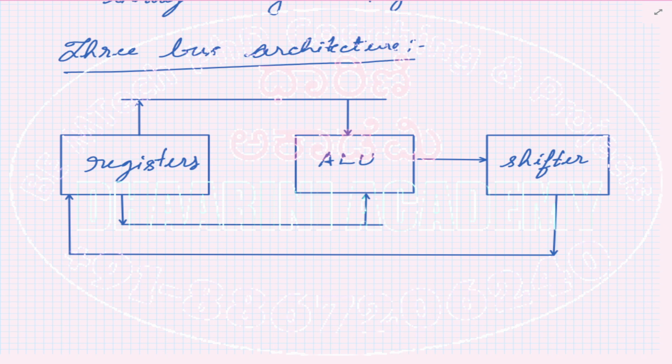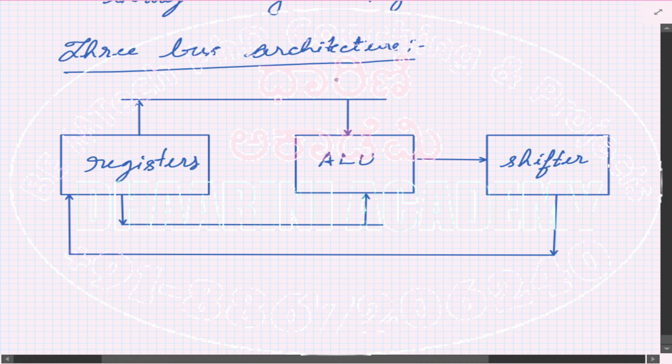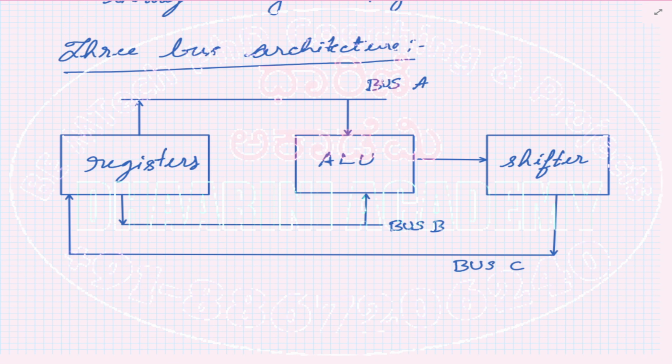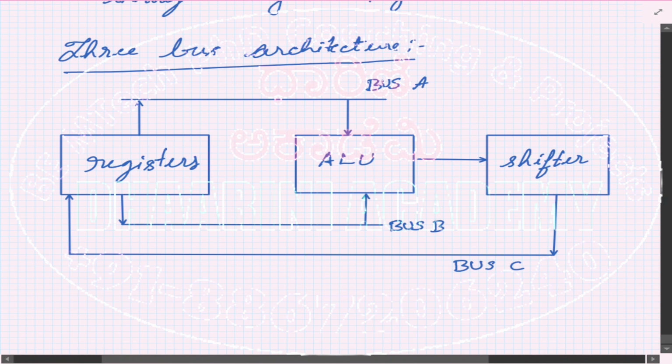Okay, now let's give the name here. Say this is bus A, bus B, and bus C. All right. Now, you can see here from, let's say, registers, you use 4-bit buses.